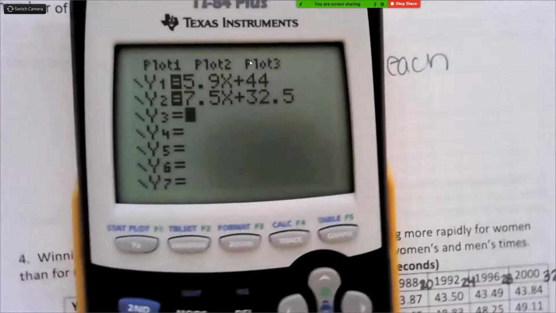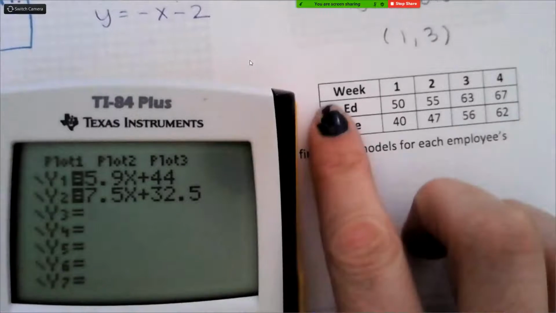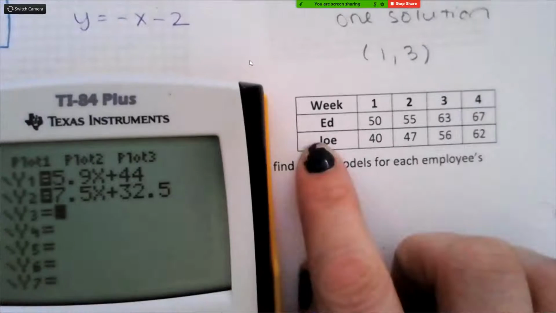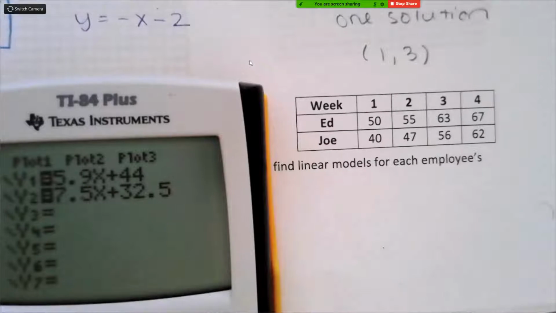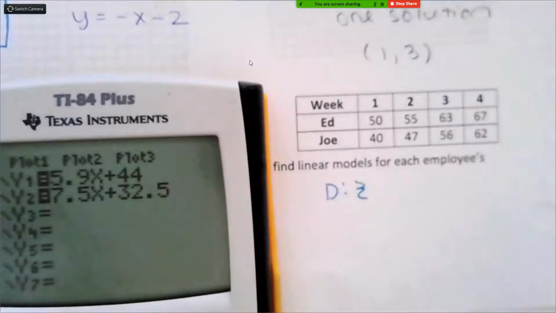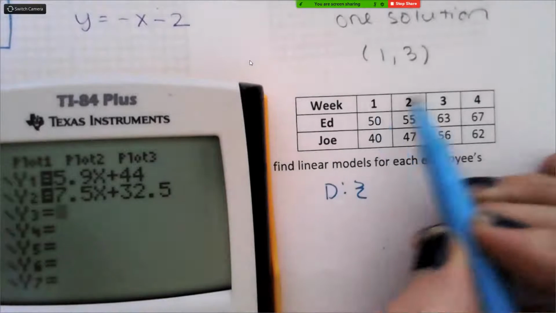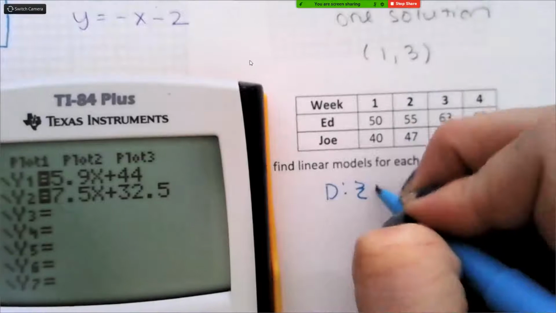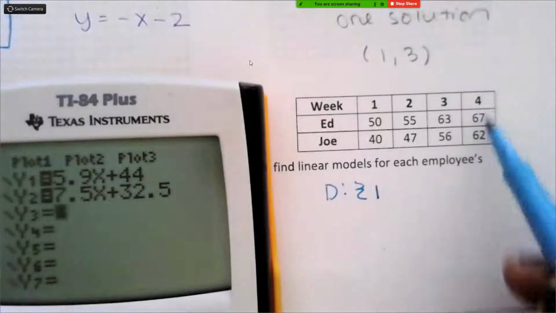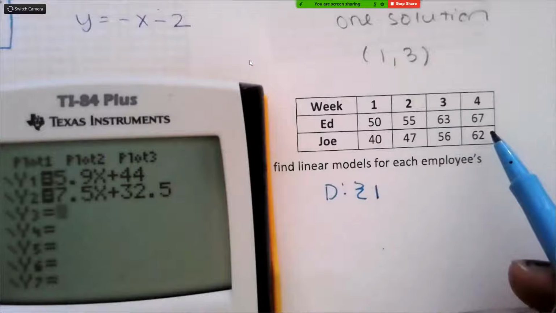Okay. Now, in order to graph this successfully, we have to be able to interpret our data. So weeks and number of shoes. What do you think would be a good domain or starting point for X? Okay. And then obviously at week 4, they don't sell the same number, but they're pretty close.